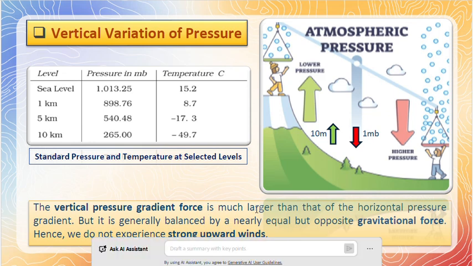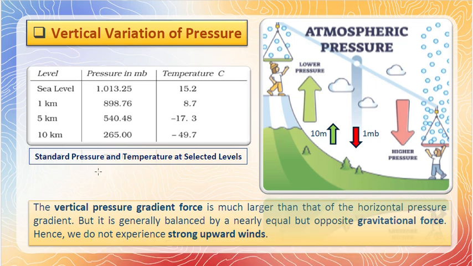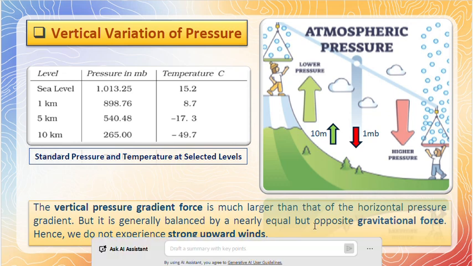Here it is given. Okay, so the vertical pressure gradient force is much larger than that of the horizontal pressure gradient, but it is generally balanced by a nearly equal but opposite gravitational force. Hence, we do not experience strong upward winds.